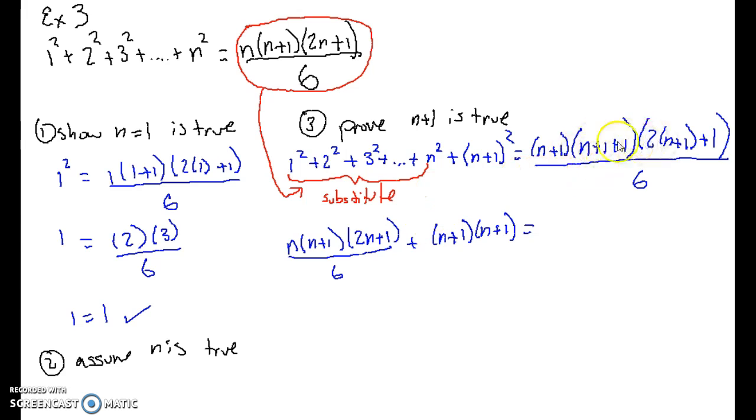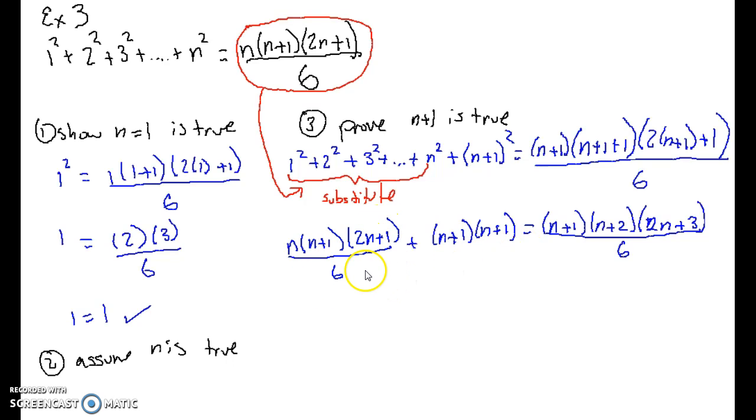On this side it's going to be cleaned up just a little bit. So if I think about this, this will be n plus 1, n plus 2, and this would be 2n plus 2 plus 1. So this would be 2n plus 3 all over 6. So that's a little cleaned up version.